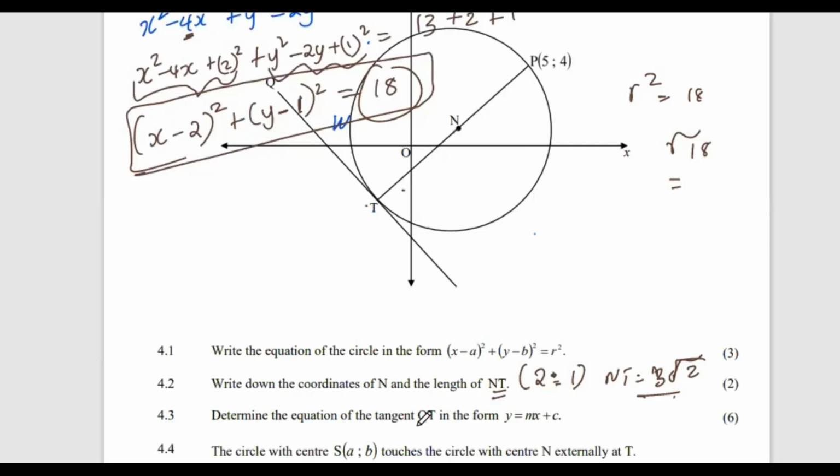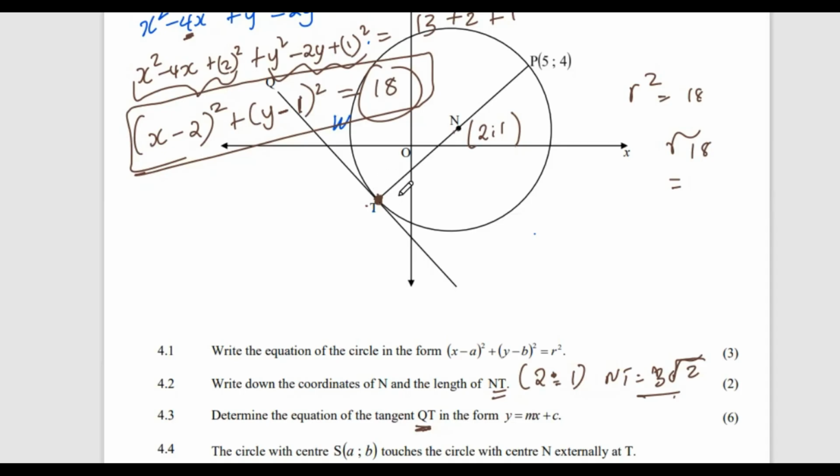Then 4.3, determine the equation of the tangent QT. Tangent QT. So we know that since we have the coordinates here as (2, 1), we want the equation of the tangent. We need the coordinates of T first. And then after getting the coordinates of this, we also need the gradient of PN.